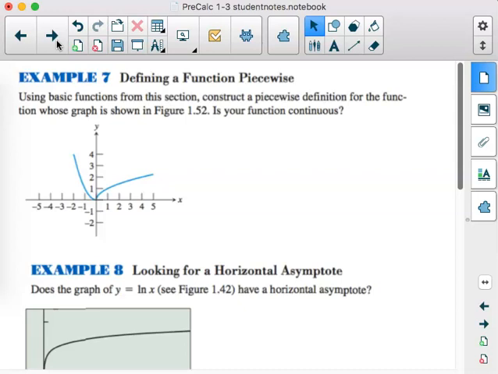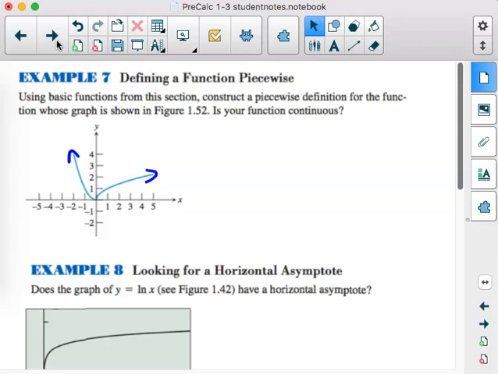Example 7 says, using basic functions from this section, let's put the arrows on there. We mean for it to be arrows. Using basic functions from this section, construct a piecewise definition for the function whose graph is shown in figure 1.52. Would it be continuous?